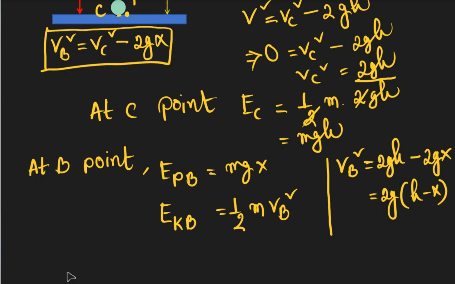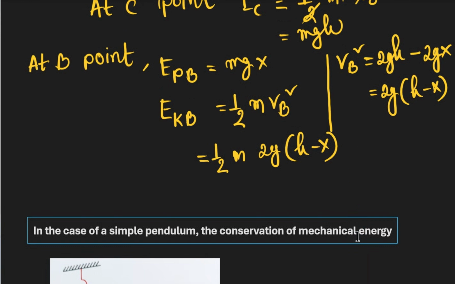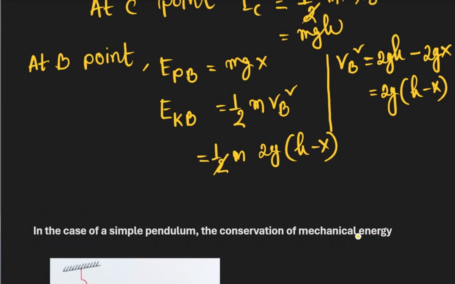Now it's time to plug in this value of vB square here. So we write half m times 2g(h minus x). Here it is very straightforward: let's cancel out 2, so we can write mgh minus mgx.